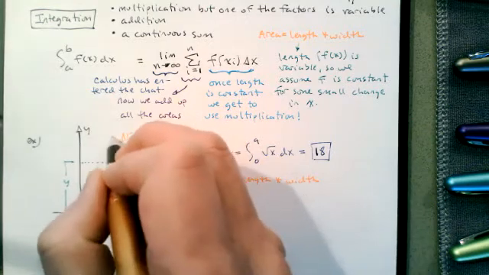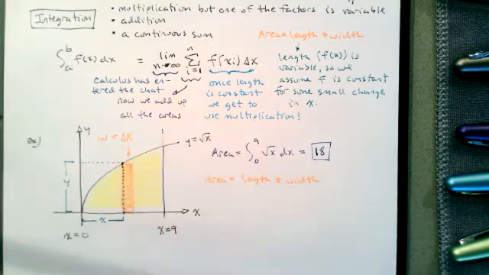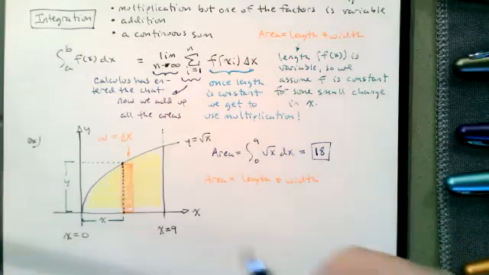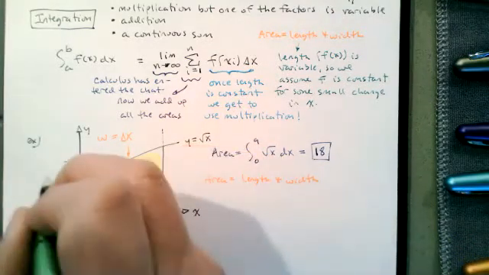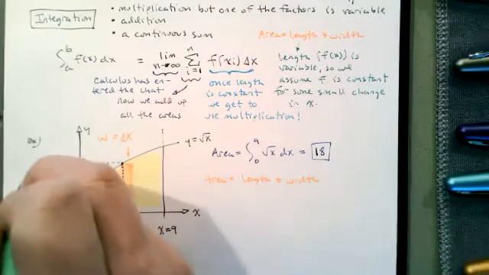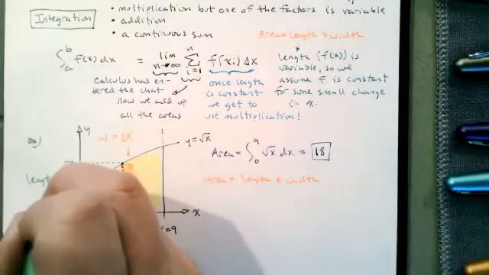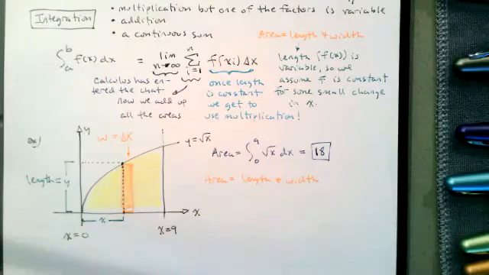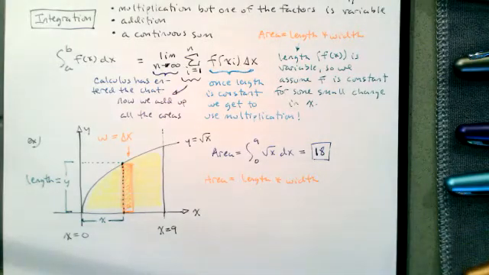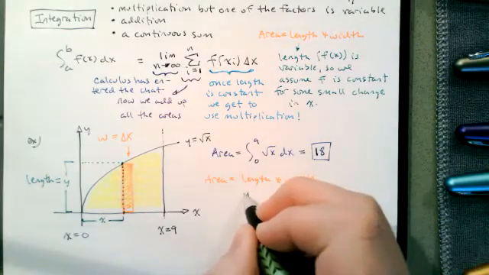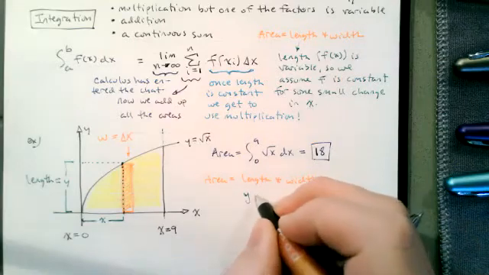Delta x is our width. And then our length is the y that keeps changing. And y is determined by x. So the length is y. The width is delta x.